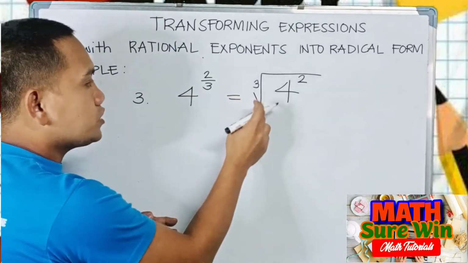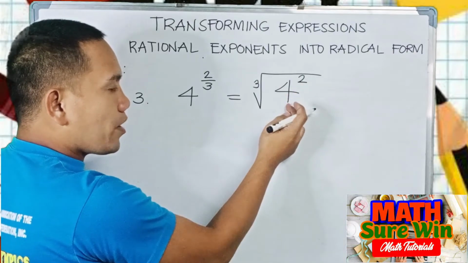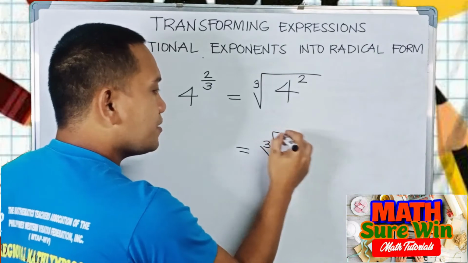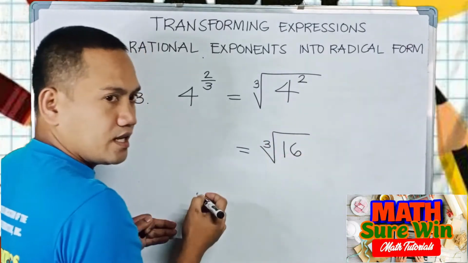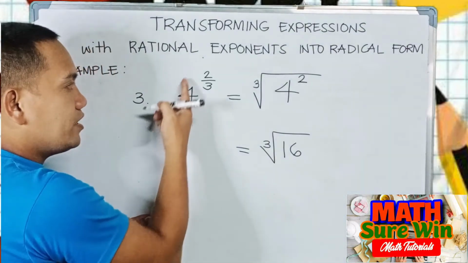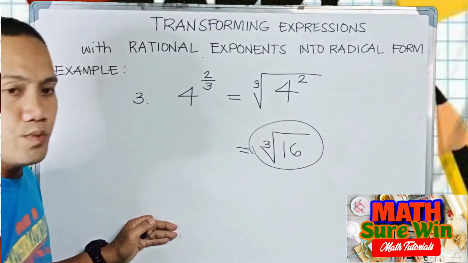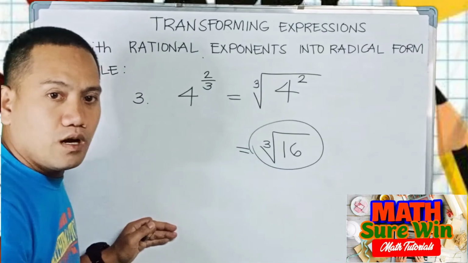So we have the cube root of 4 squared. And of course, 4 squared can be simplified as we multiply 4 by itself. So 4 squared is 16. Therefore, 4 raised to 2/3 can be written into radical form as the cube root of 16. So it is read as cube root of 16.